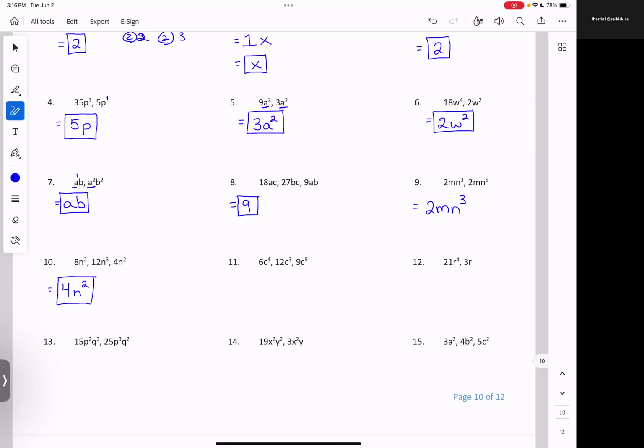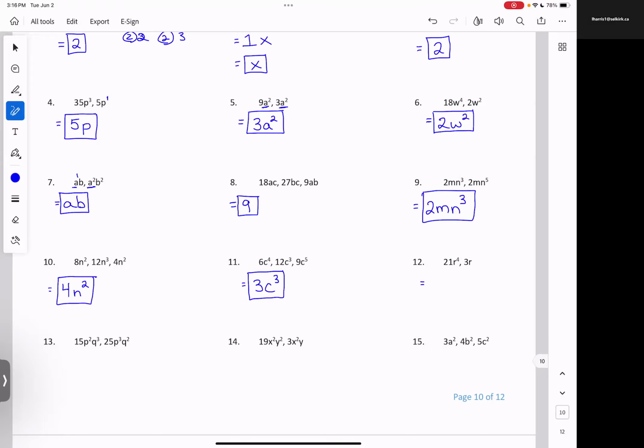So it would be 4n squared. Okay, number 11, as far as numbers, our greatest common factor would be a 3. And then for variables, the highest exponent in common to all three of those terms is a 3. So it would be 3c to the power of 3.